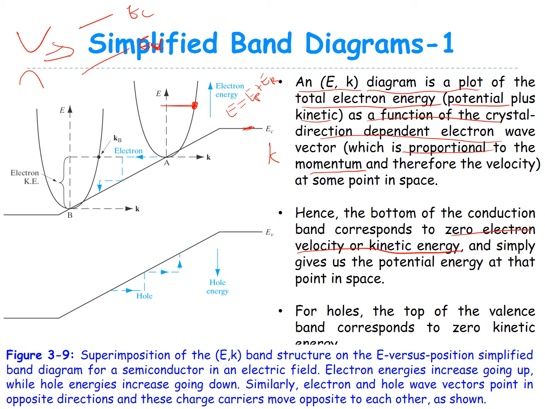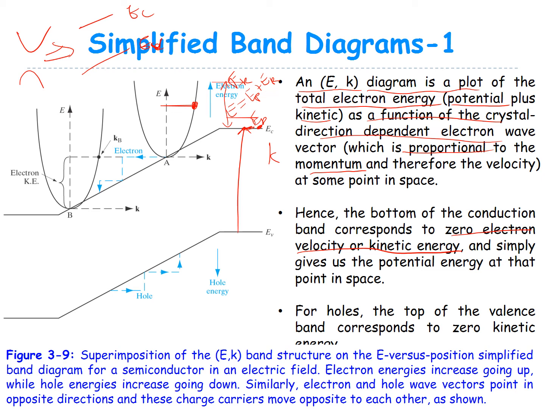So from here to there you have your potential energy, and from the bottom of the conduction band going up you have your kinetic energy. So once an electron rests at the bottom of the conduction band, it has 0 kinetic energy, and its energy is equal to the potential energy.